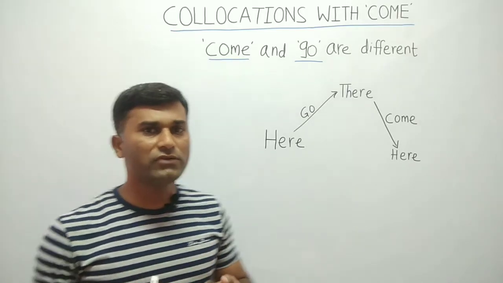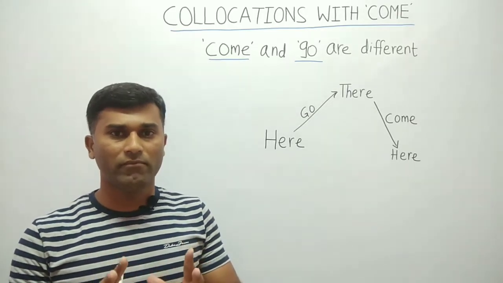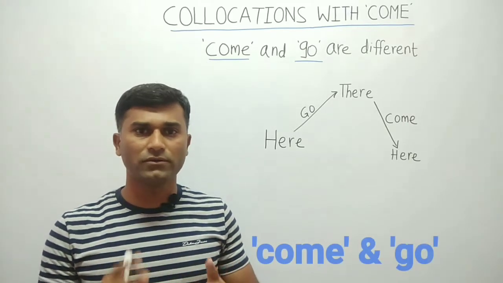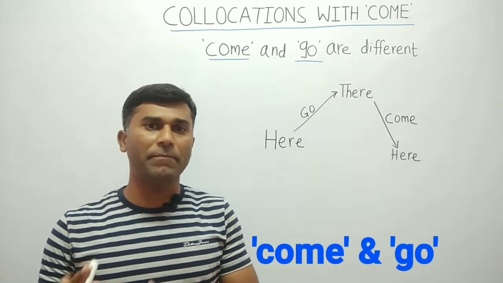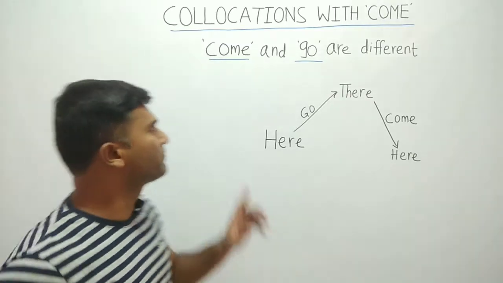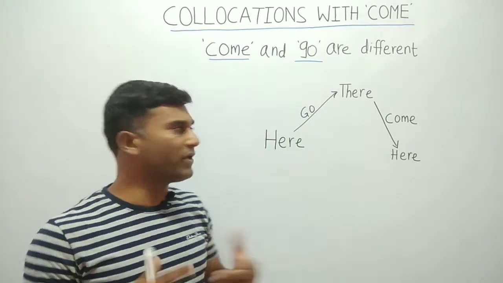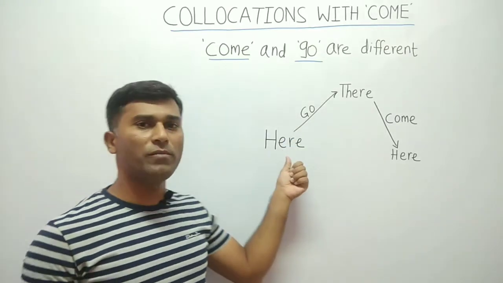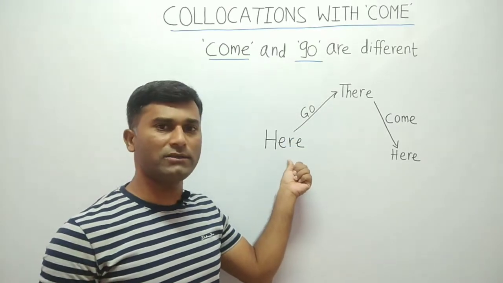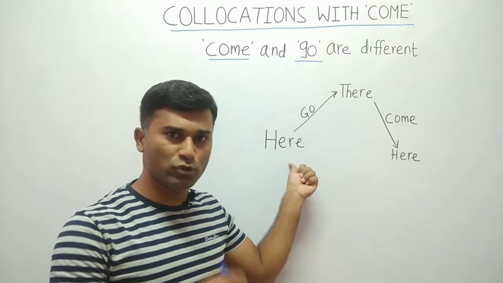First of all, we will see the meaning of come. There are two verbs, go and come, but they are different. It's very simple. We know what is go. Go means, for example, this is a point, we call it here at this place.